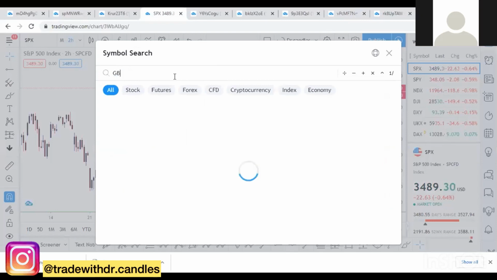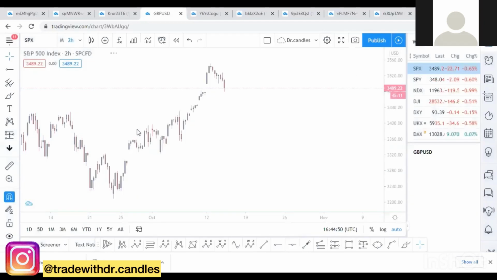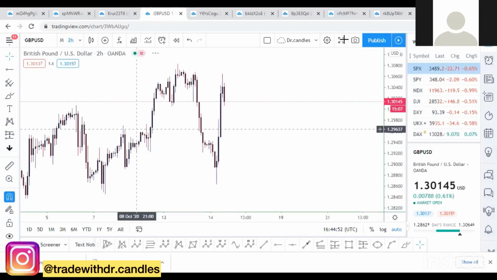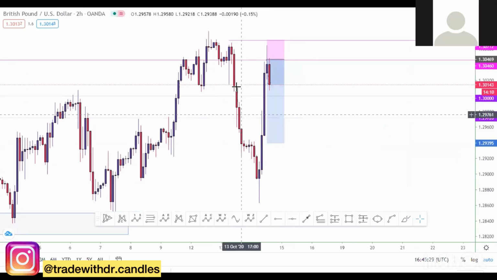Let's take pounds USD. So this is pounds USD. This is the candlestick that came here with a drastic movement down, created a wick.